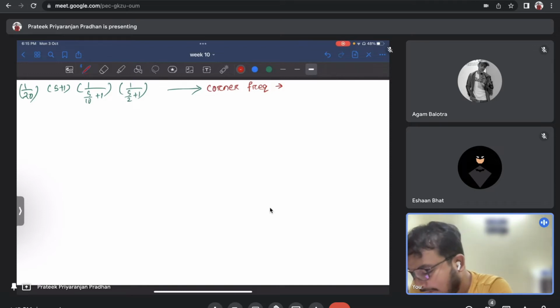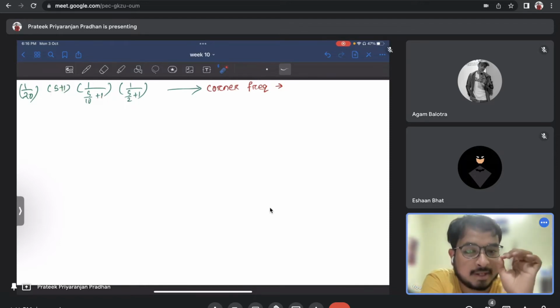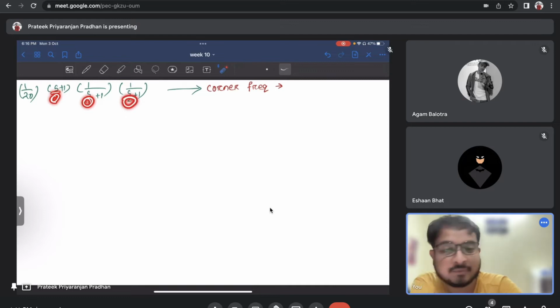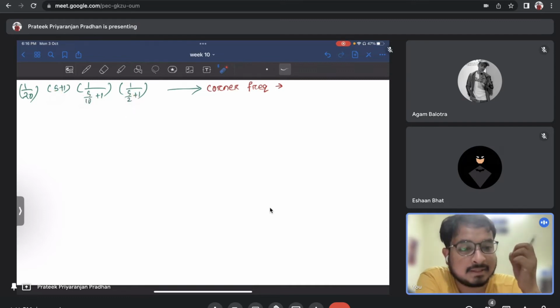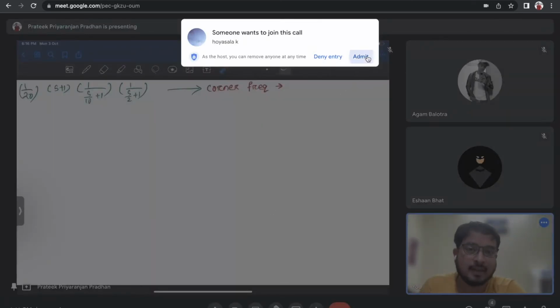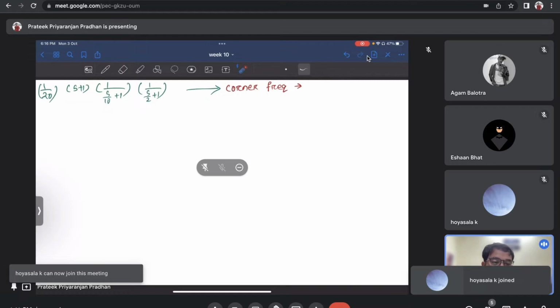In the last class, I explained what corner frequency is: the low frequency and high frequency meeting point is called the corner frequency.